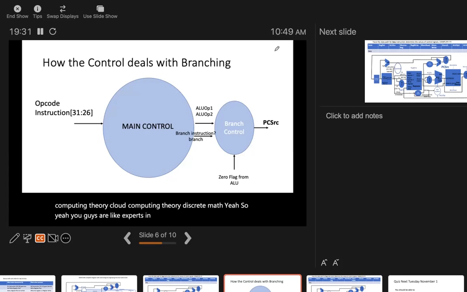Okay. These are the inputs, ALU op1, ALU op2, then you have the branch instruction. These are the 3 inputs to the branch control. Since these are 3 values, there are 8 possible combinations.